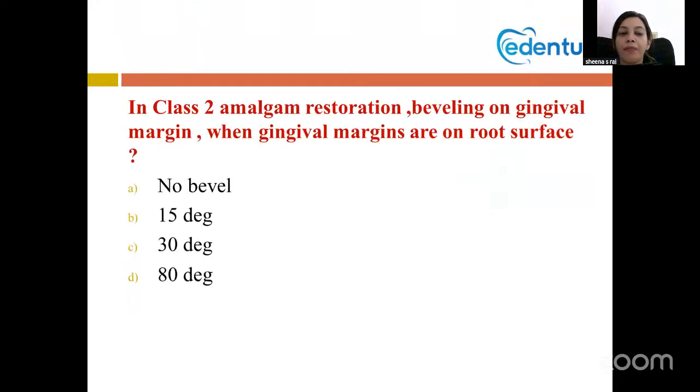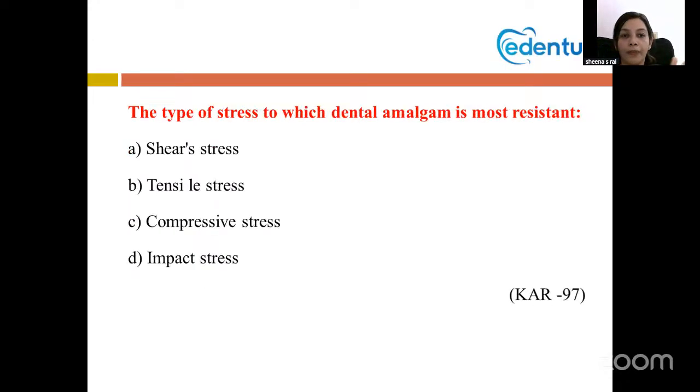Next question. In a class 2 amalgam restoration, beveling on the gingival margin when the gingival margins are on root surface. As I told, root surface, no bevel. So the answer is no bevel. The type of stress to which dental amalgam is most resistant. We know that there are a lot of stresses: shear stress, tensile stress, compressive stress, impact stress. To which stress is the dental amalgam resistant?